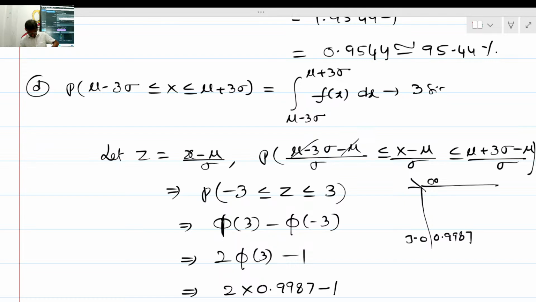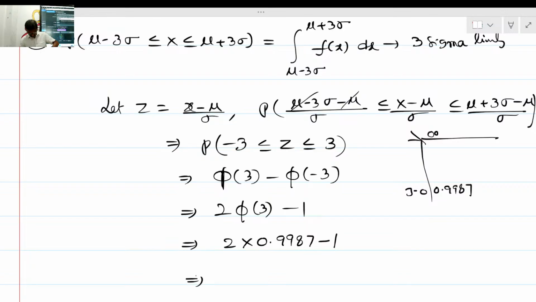This is called 3 sigma limits. 2 into 0.9987 is 1.9974, minus 1, gives 0.9974, approximately 99.74% coverage area.